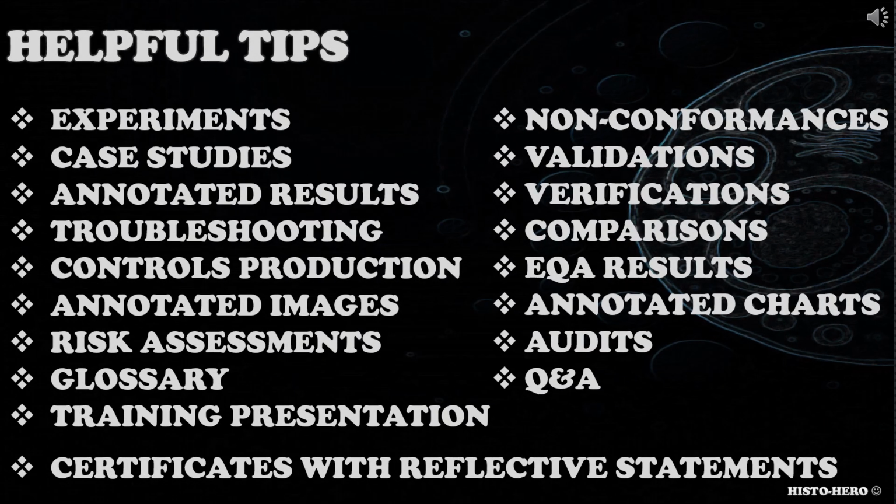Also try to use various types of evidence, not just one type, like case studies, for each submodule. You could use experiments, case studies, annotated results, annotated photographs of you performing tasks, evidence of troubleshooting, annotated EQA results, nonconformances, validation and verification evidence, comparisons of different approaches and their pros and cons, control material production, certificates of course attendance with reflective statements, annotated images or charts, and so on.